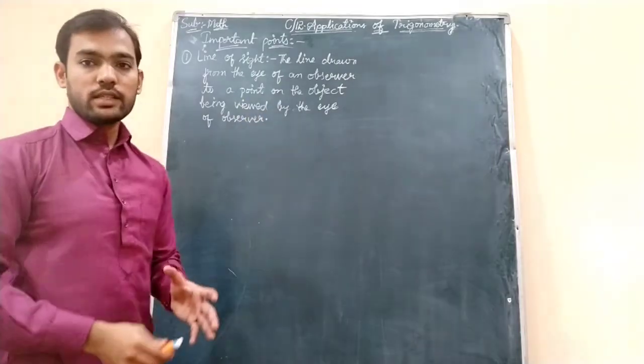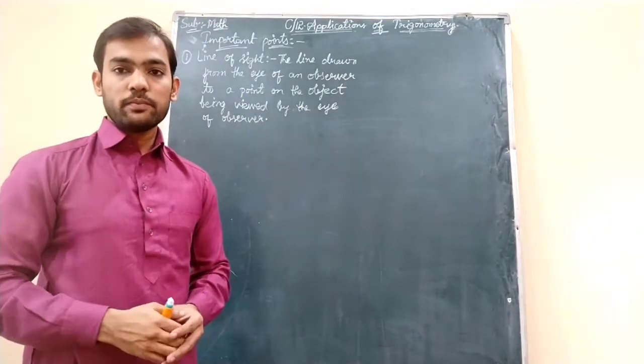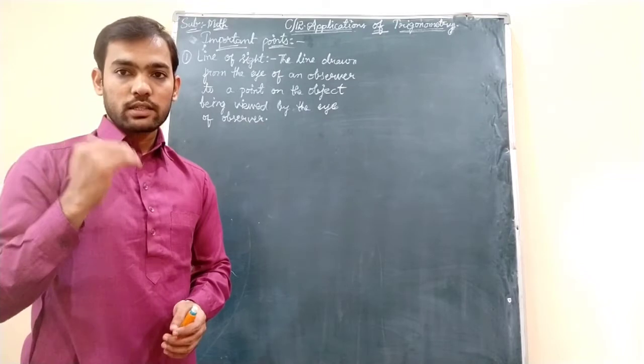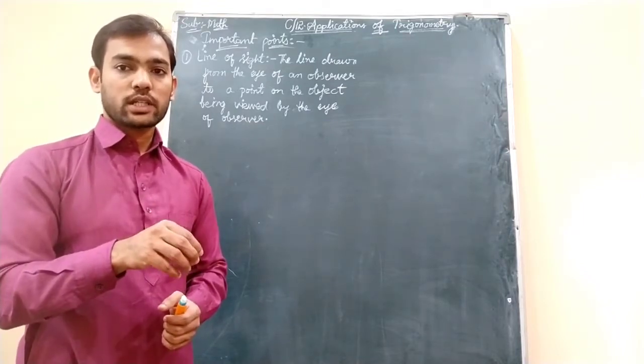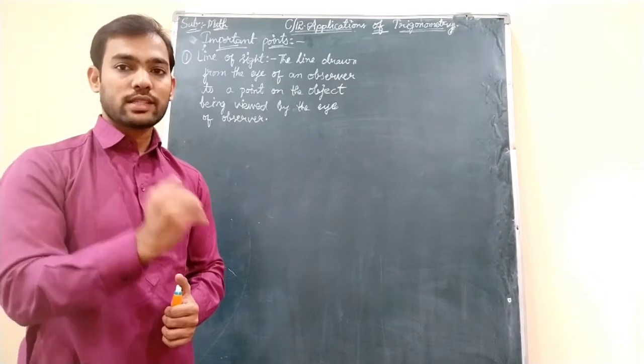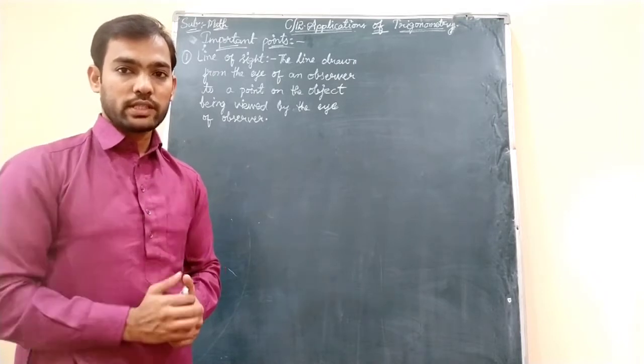Line of sight is the line drawn from the observer's eye to the point on the object where the observer is looking, at which point it is seeing.